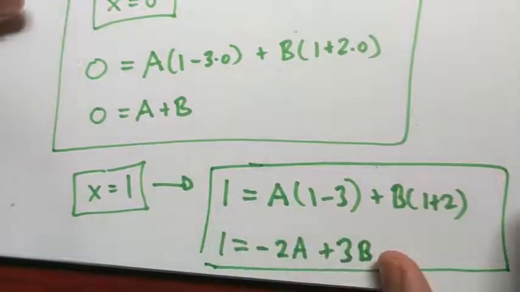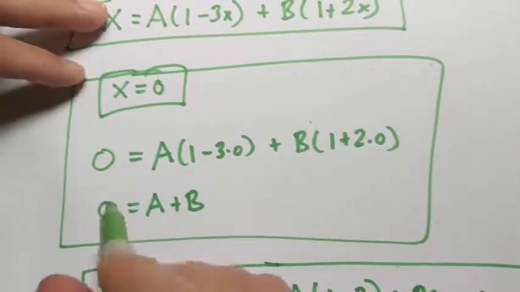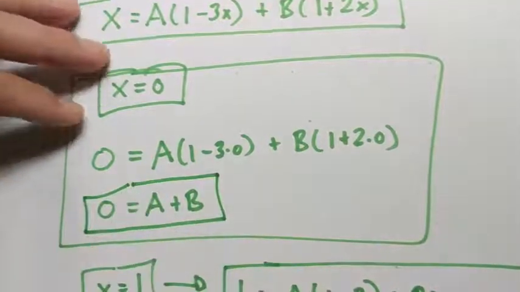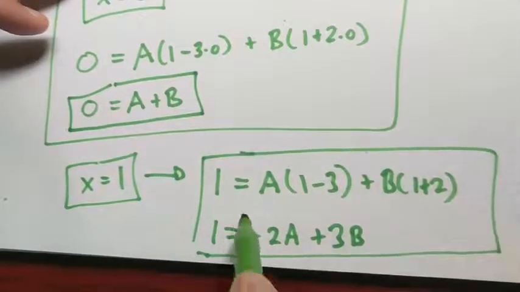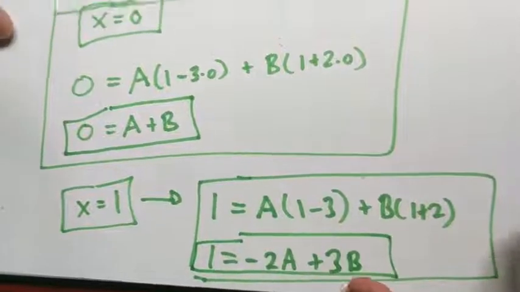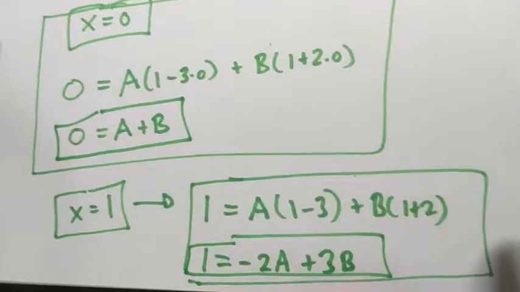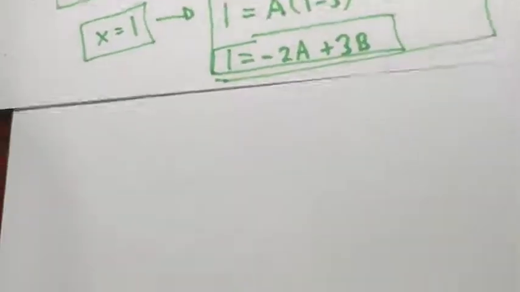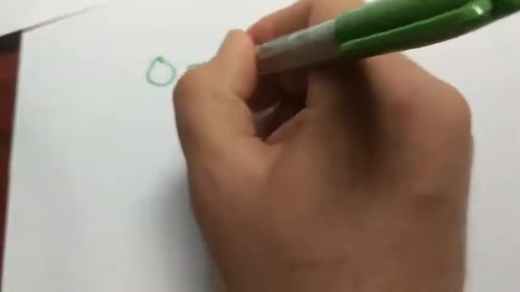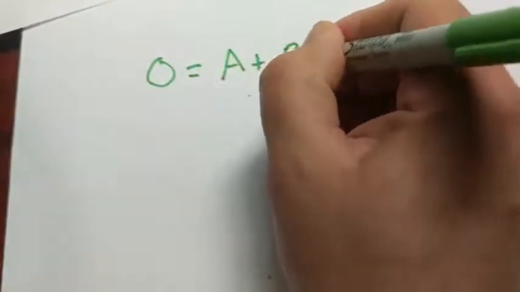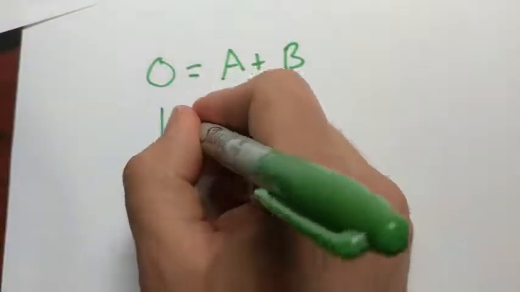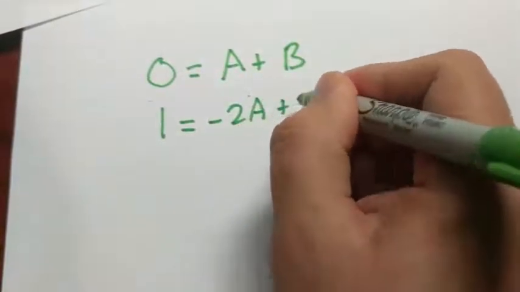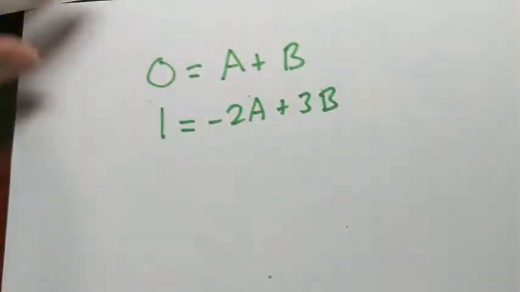So what I've done here is I plugged in x equals 0 to get one equation, and I plugged in x equals 1 to get another equation. And now these two equations are ones that I can work together to solve: 0 equals a plus b, and 1 equals negative 2a plus 3b.